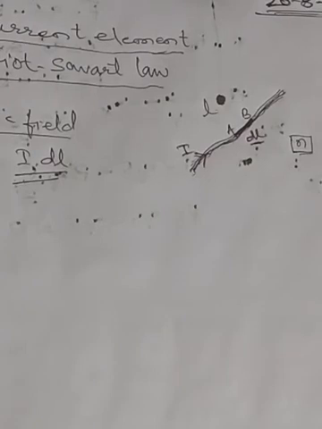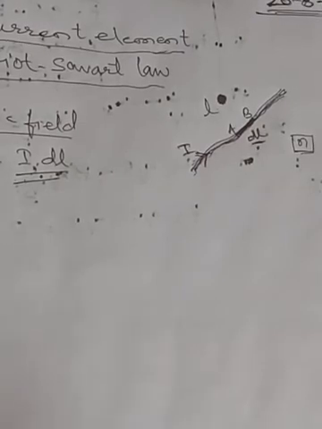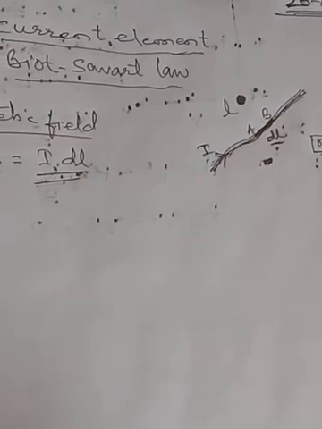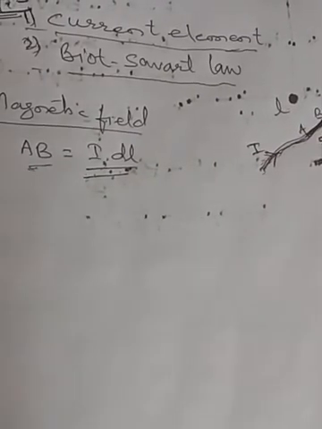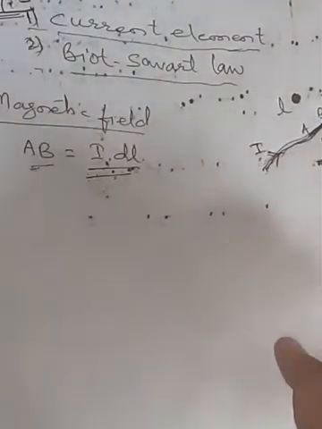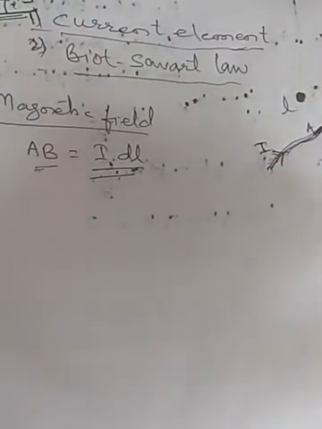How much current is flowing through the wire, the same amount will flow through the small current element. So that is the concept of current element. Using this current element, the Biot-Savart law has been designed.